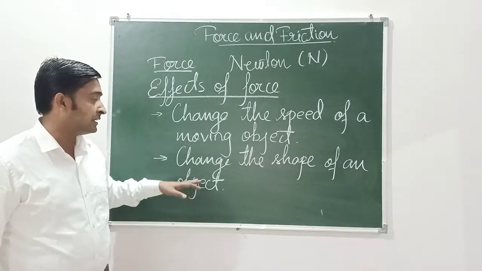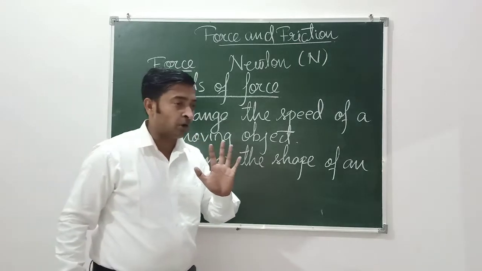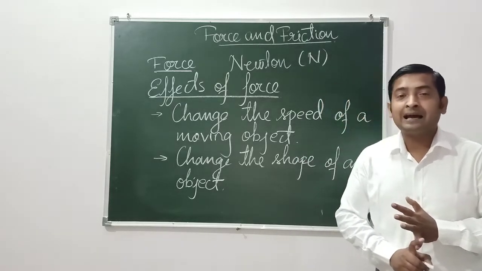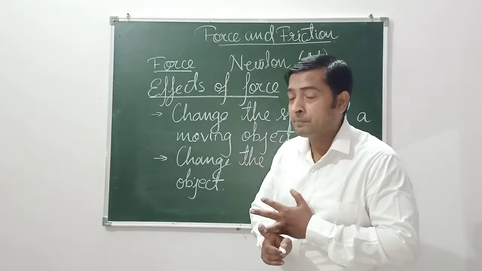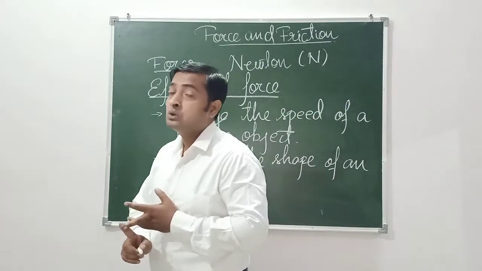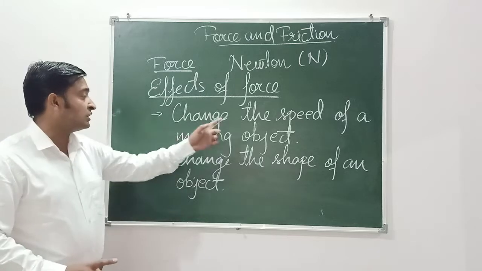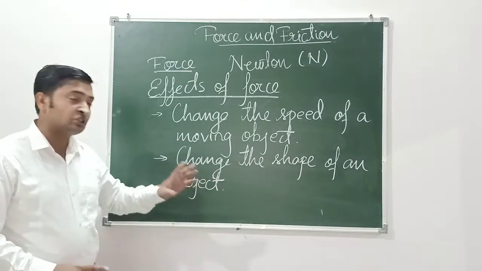We can change the shape of any object. So we have studied 5 important points. What are the effects of force? Number 1, we can move a stationary object. Number 2, we can stop a moving object. Number 3, we can change the direction of a moving object. Then we can change the speed of a moving object, and finally we can change the shape of an object.